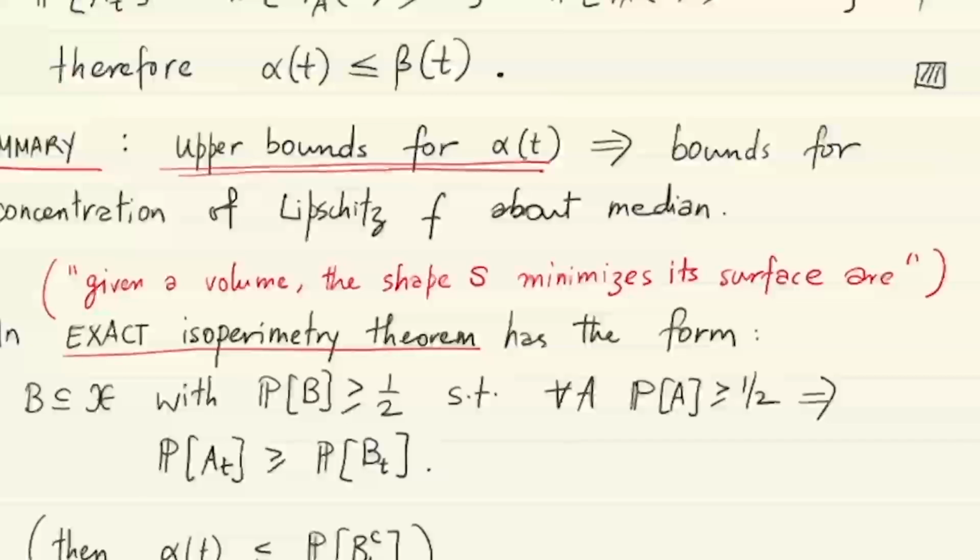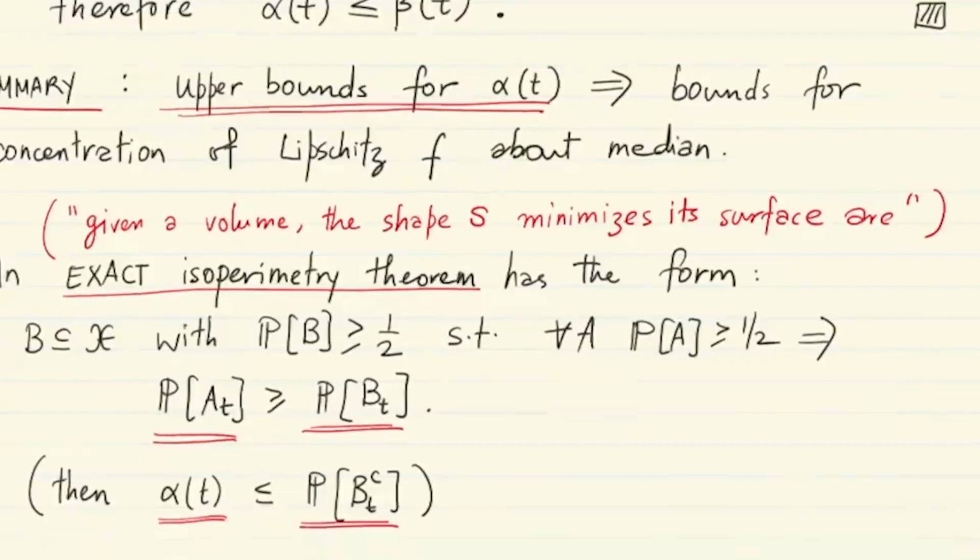So mathematically it has the form that there exists a B, a subset or shape B with probability of B at least half, such that for every other shape A with probability at least half, the volume of the blow up of A is at least the volume or probability of the blow up of B. And this in fact implies that the concentration function alpha of t can just be bounded above by the probability of the complement of the blow up of B for every positive t.